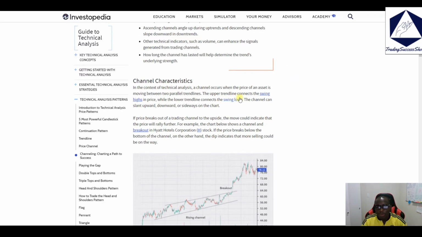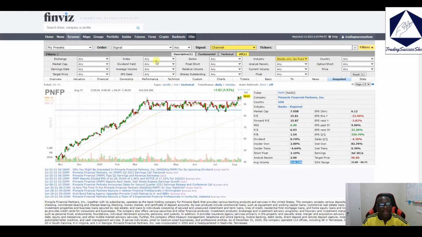The upper trend line connects the swing highs in price, while the lower trend line connects the swing lows in price. So the channel can slant upward, downward, or sideways on a chart. That's what I just explained earlier. But what we're going to be dealing with now is just that channel, and let's get back to Finviz. This is a channel.